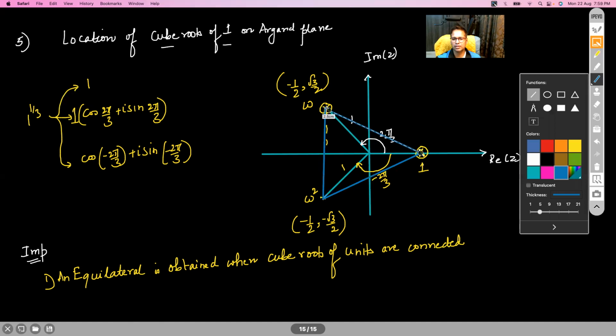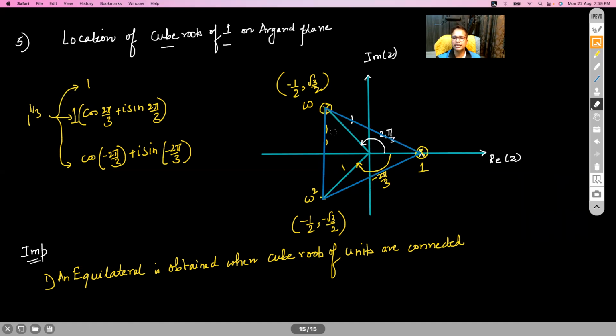Okay. So this triangle will be an equilateral triangle. Okay. Second thing is the area of that equilateral triangle. What is the area of this equilateral triangle? Any guesses?